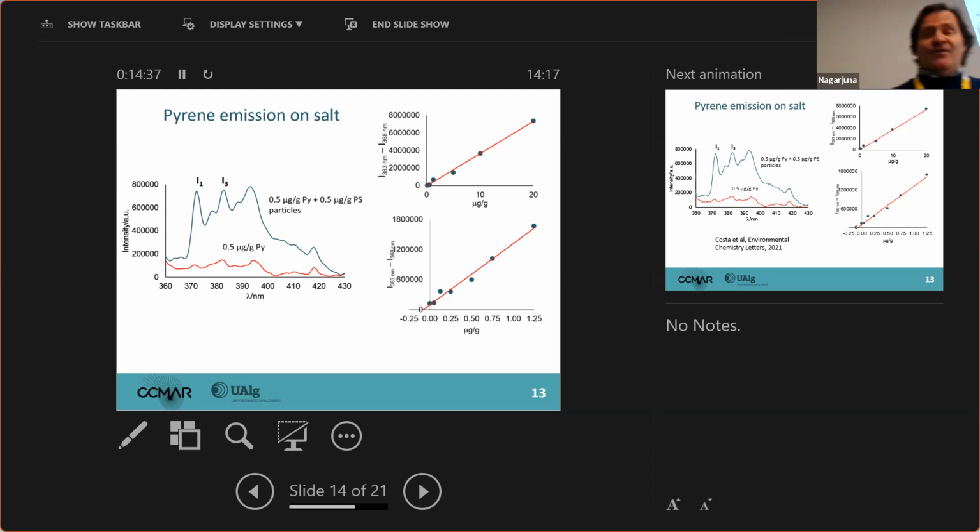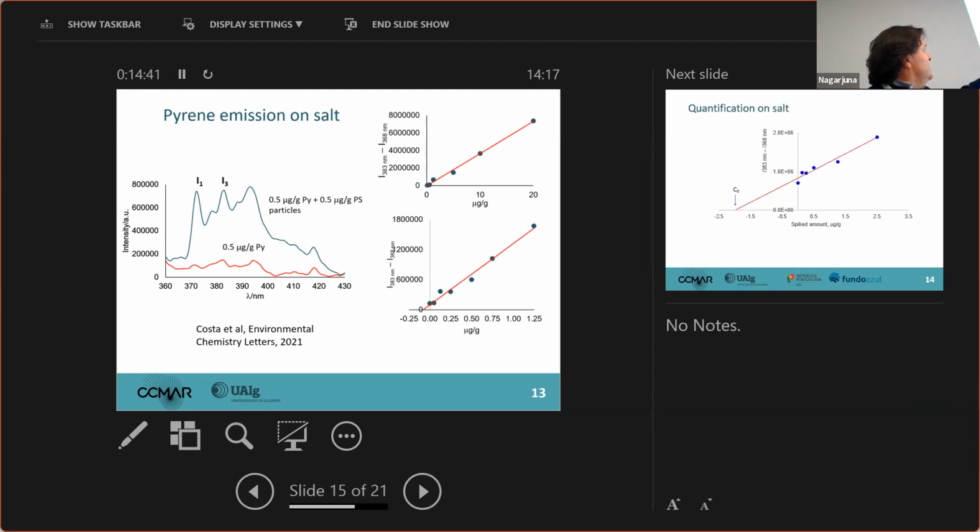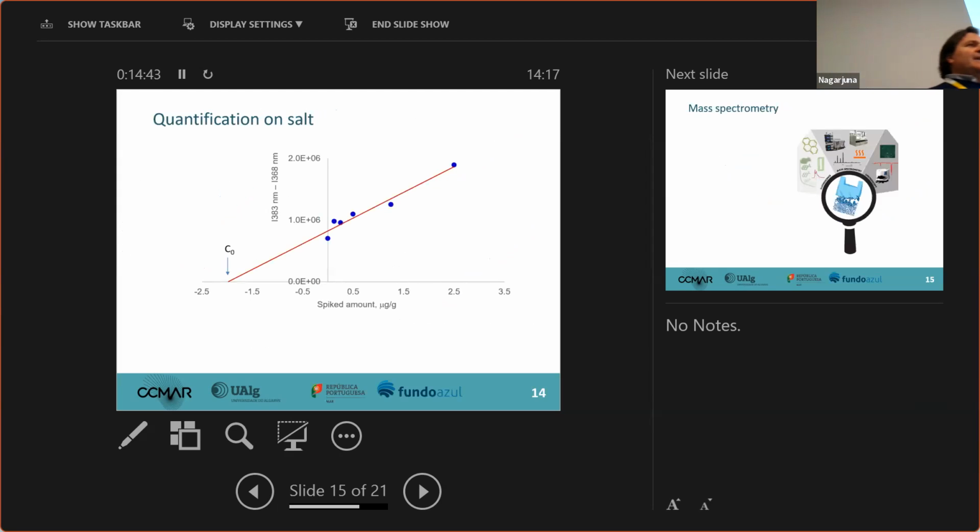Okay, so for a real sample, this was published using the standard addition method. Standard addition method is you pick up your sample and you spike it with different concentrations of the compound you want to measure, and then make a straight line.